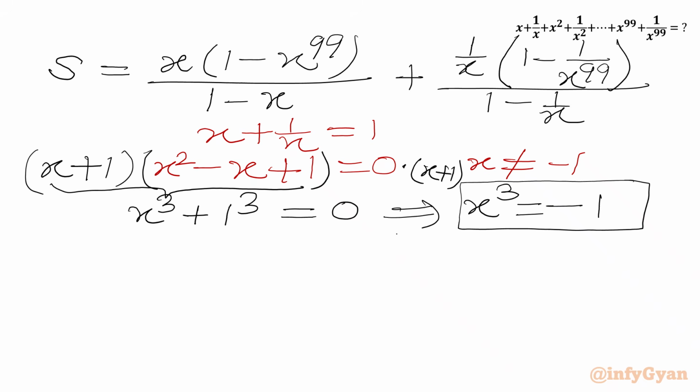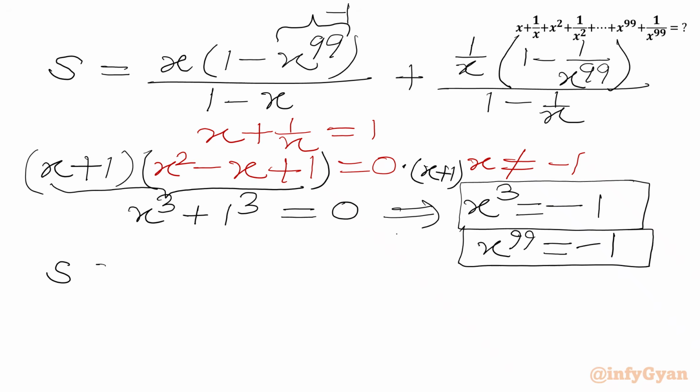Now I will put power 33 on both sides and we can write x power 99 is equal to minus 1 again. So here I will put minus 1. Here I will put minus 1.